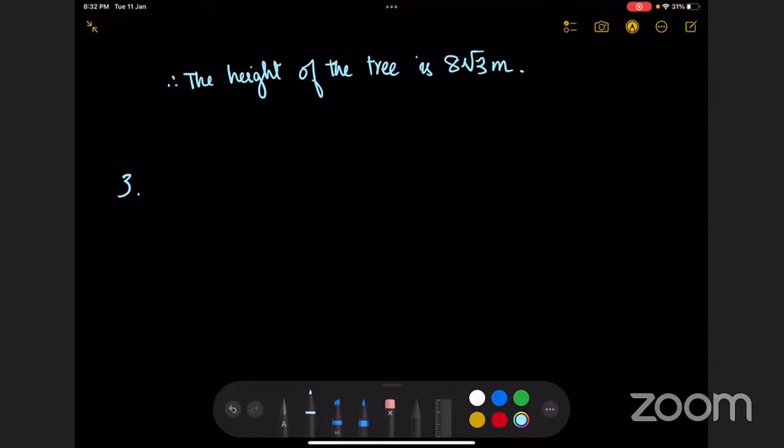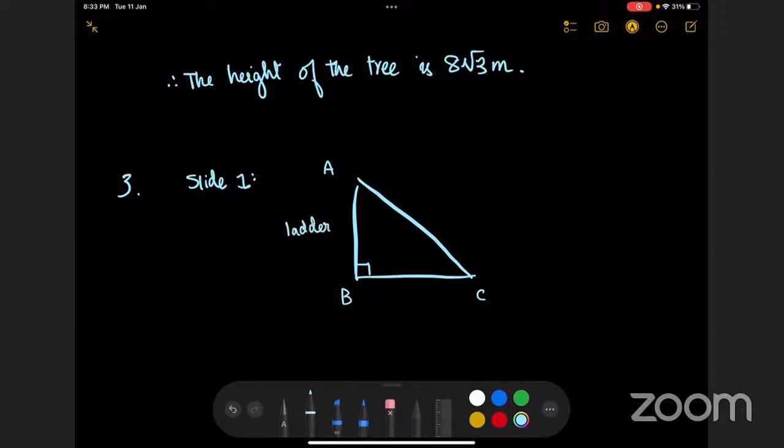So for slide 1, I'll label the triangle A, B, C, and here is the slide. The ladder is going to be here, and the actual slide is going to be this, which is the 1.5 meters given in the question.